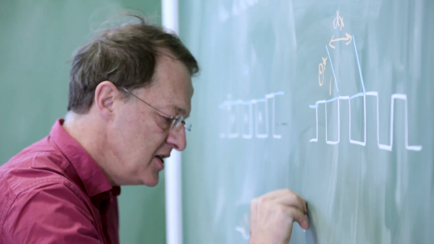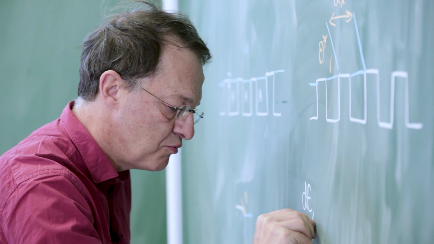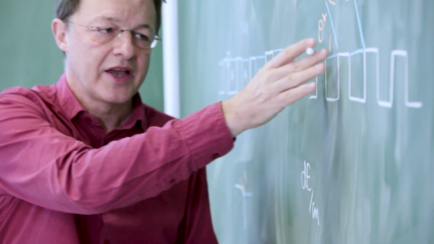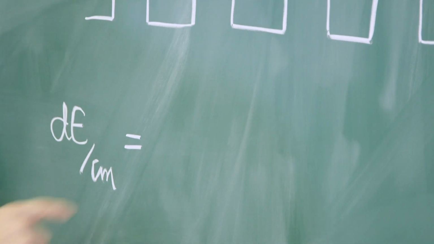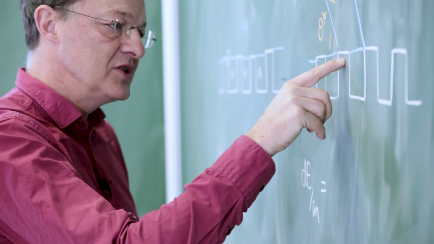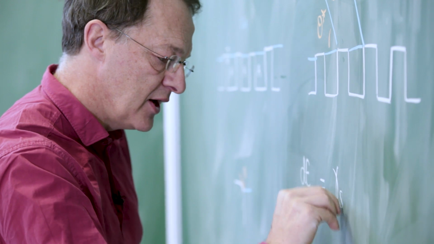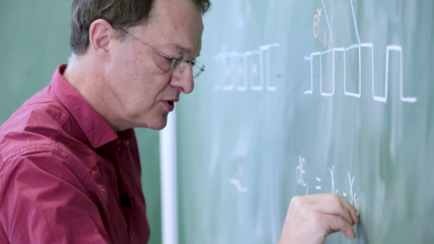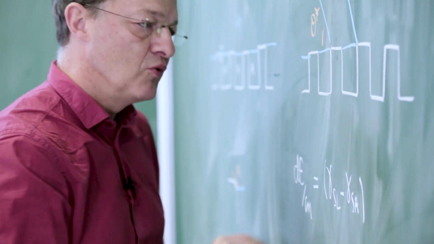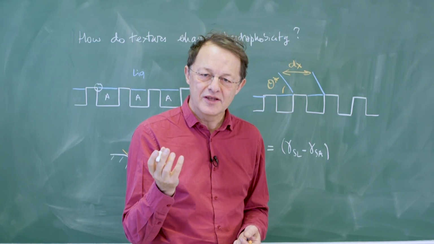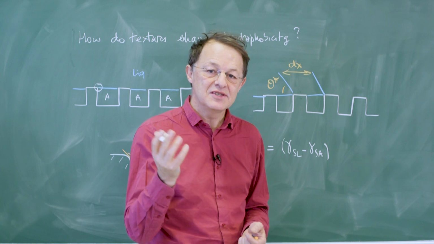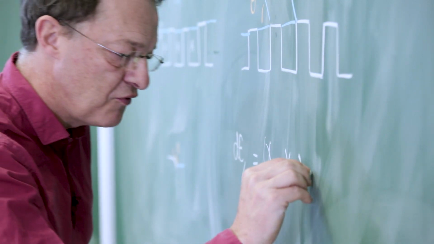So dE, which is written per unit length in the direction perpendicular to the blackboard, is, first thing, we create a new interface between solid and liquid, and we suppress the interface between solid and air. We do that on a proportion of solid, which is the density of pillars, which we call phi.